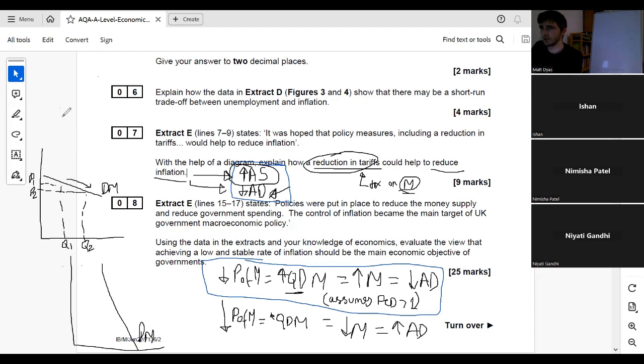Now, what does this mean for M, the value of spending on imports? Because remember, volume on the x-axis here is not value. So we cannot say M has gone up just because the quantity of imports has gone up. The value can be thought of as the total amount spent on imports.